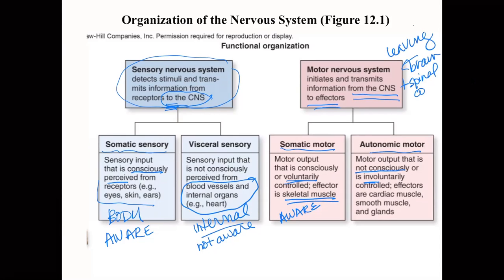So involuntary things are going to be the heart muscle, smooth muscle, and glands. So your heart, the smooth muscle in your gut or your blood vessels, and the endocrine glands or salivary glands. So the information is coming in here, and it's exiting over here.